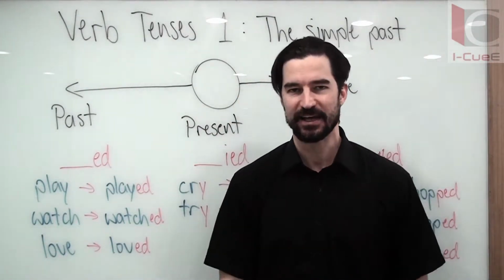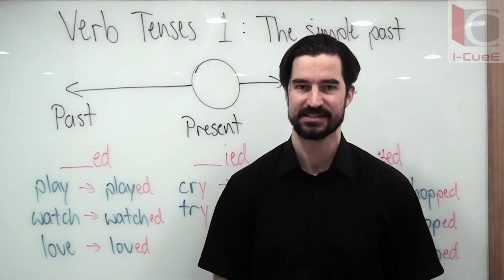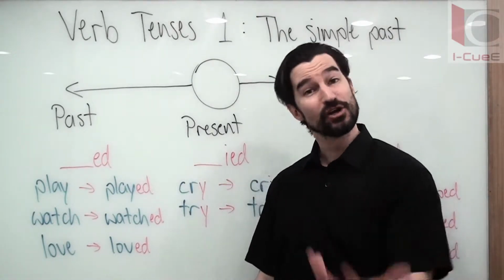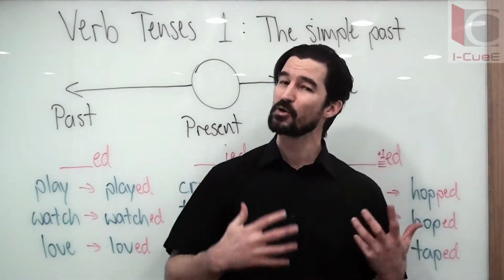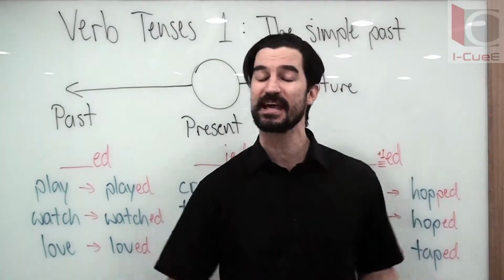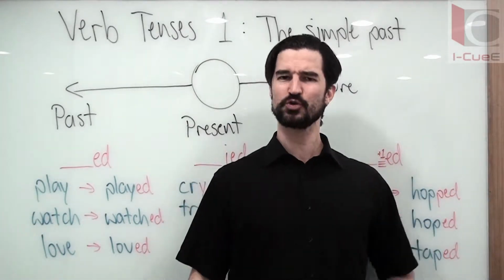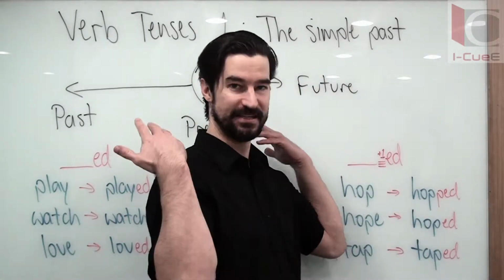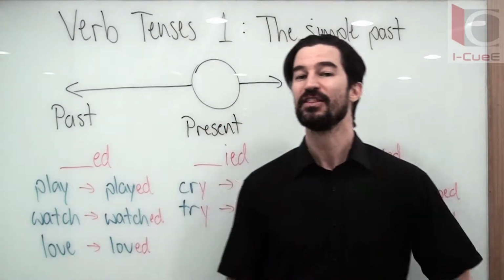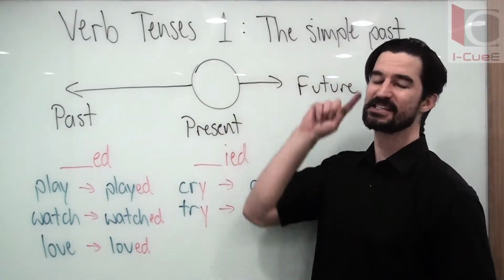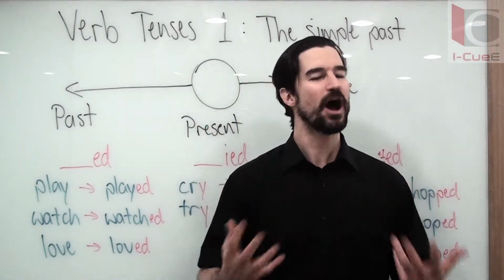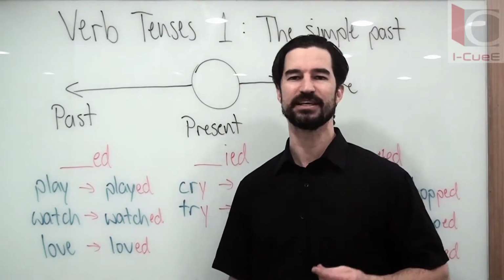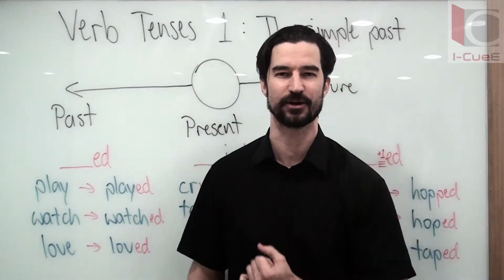Why are we starting with the simple past? Well, if you're like most people, most of the time in which you are speaking, you're usually telling people about things that already happened during your day. This verb tense, the simple past, is commonly called the storytelling verb.